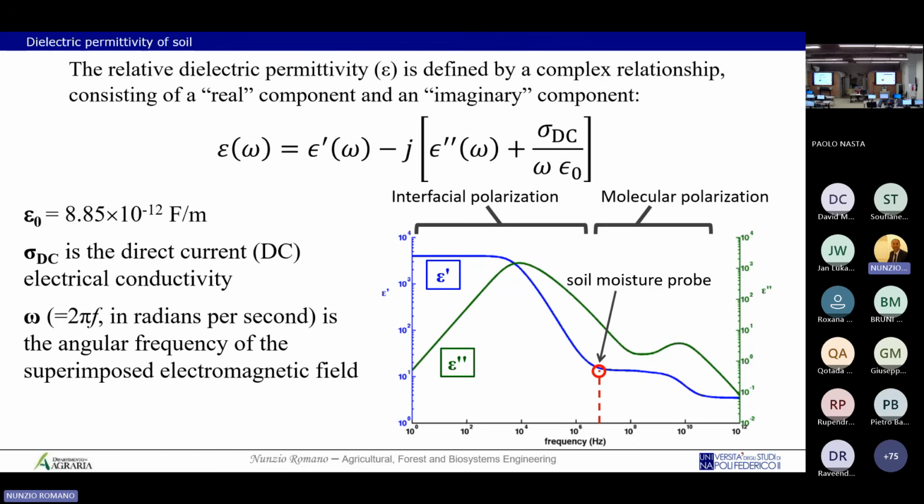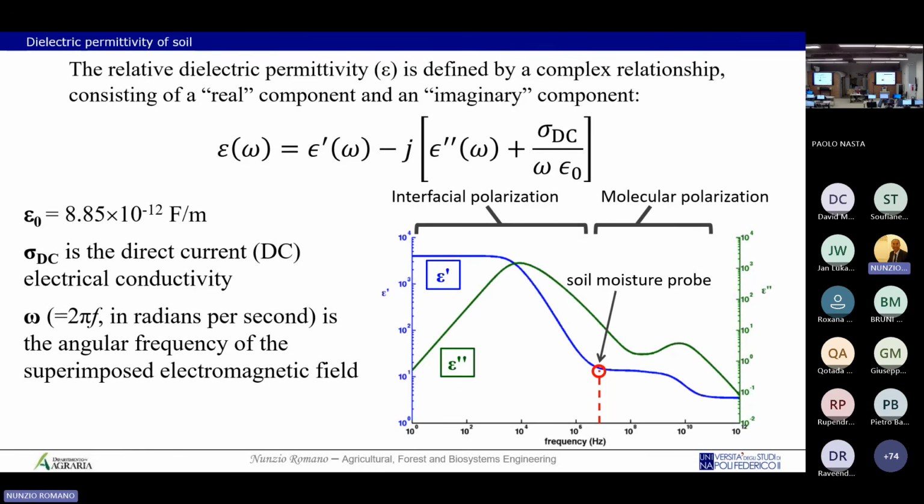The real component is strongly linked to the resistance behavior of the system. The imaginary component is mostly linked to the capacitance, the capacity of the system to accumulate and store electromagnetic energy.